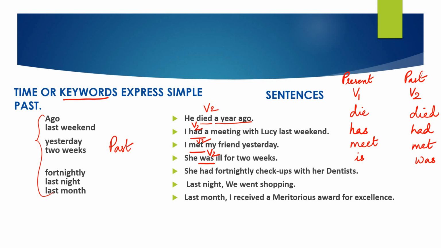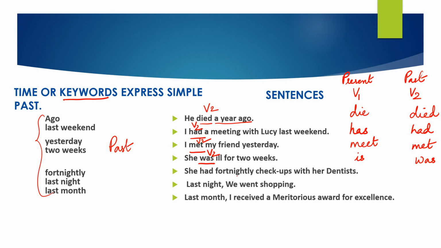Next, she had fortnightly checkups with her dentist. Now, fortnightly shows the duration in which the event happened. It happened after every 14 days, right? So she had a routine checkup after every 14 days. So what is said here in the sentence?